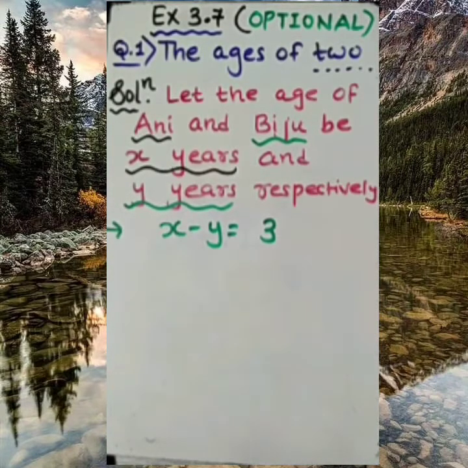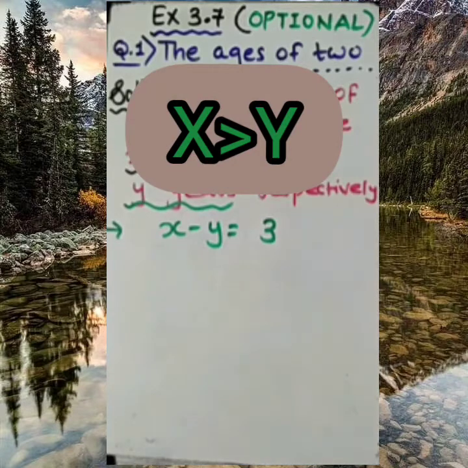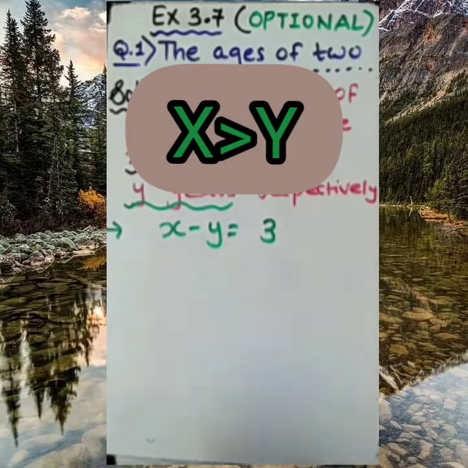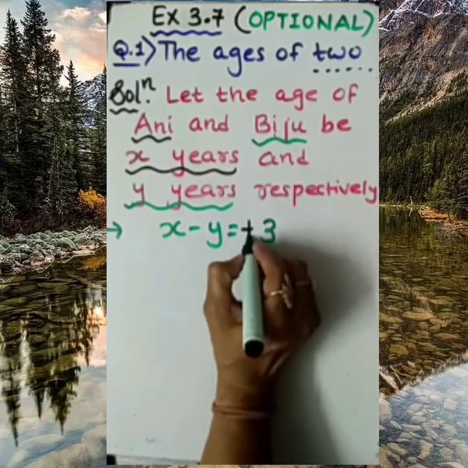Differ by 3 years. But the question arises in our mind, who is elder among these two? Maybe Ani is elder. Then in such a case, if Ani is elder, this statement is true and here it will be plus 3.